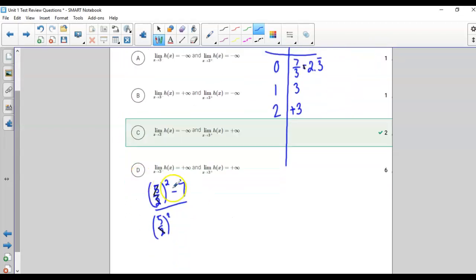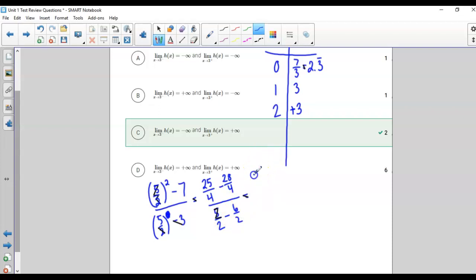So we'll have 5 halves minus 3. So we'll have 25 over 4 minus, I'm going to go ahead and make this 28 over 4 so I can subtract those. And here, this is not squared, it's just 5 halves. So this is 5 over 2 minus 6 over 2.